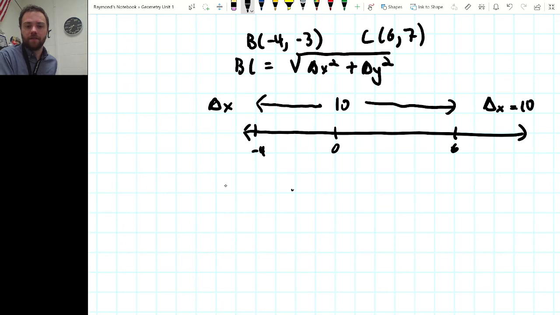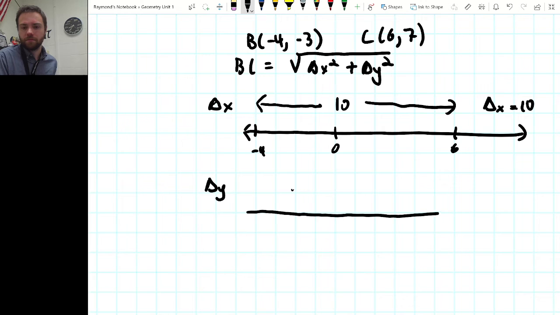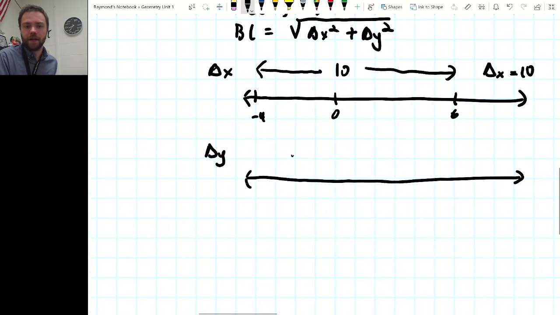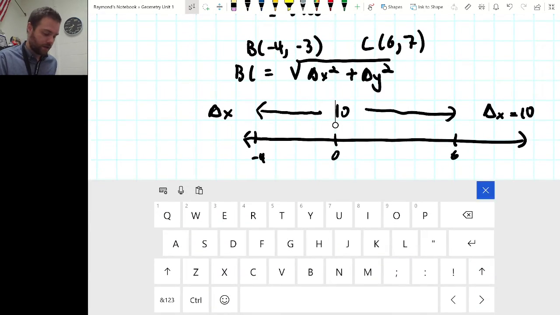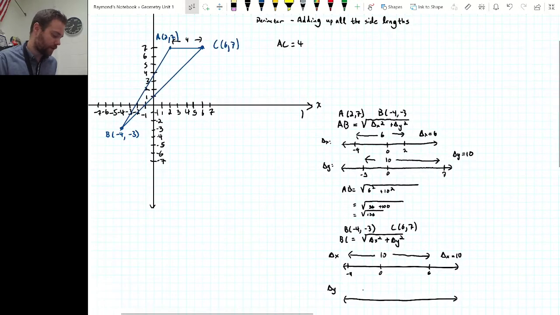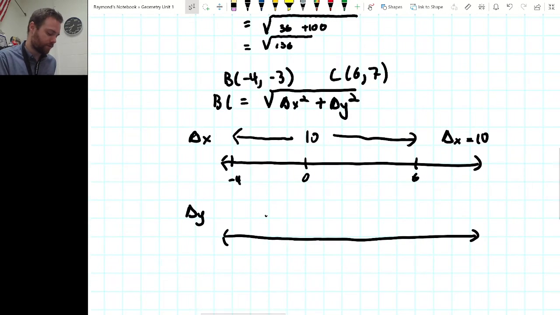And then right here, I've got delta y. I've got -3 and 7. Make sure that's right. Yeah, -3 and 7 for delta y. So 0, -3, and 7. So the distance from -3 to 7 is also 10.